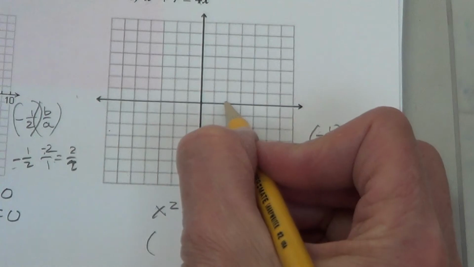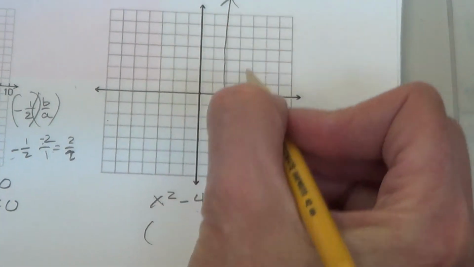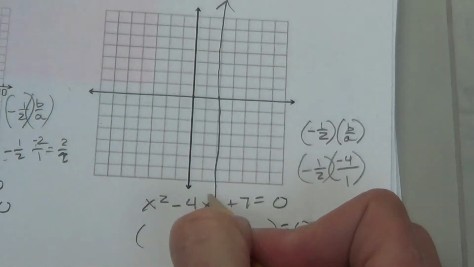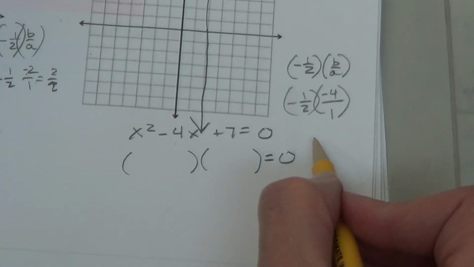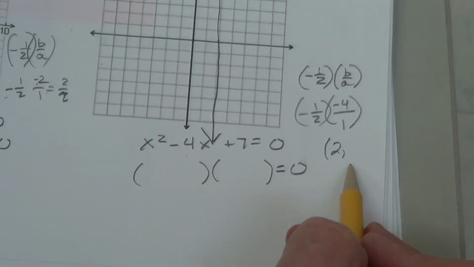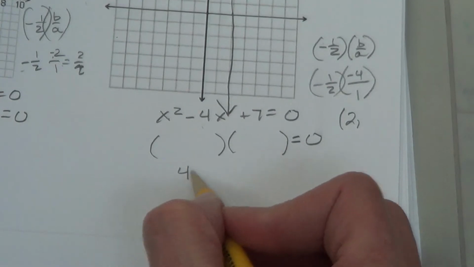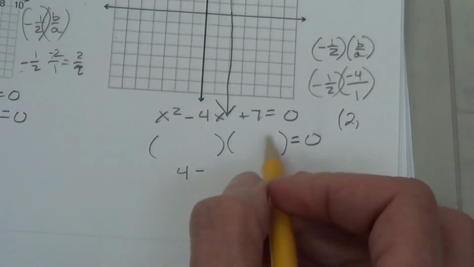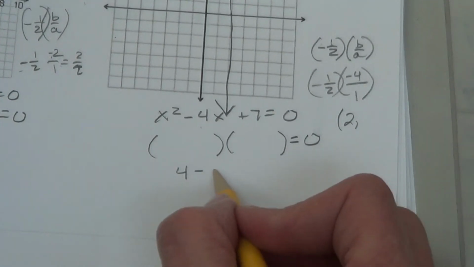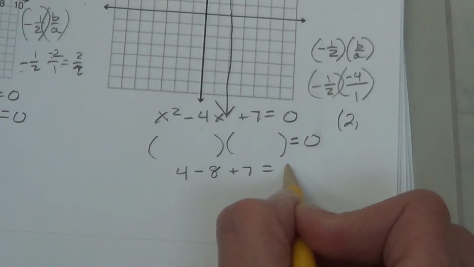So we come over here to positive 2. That's our axis of symmetry. Now we need to plug in that x value, that positive 2, to find what our y is. So if we plug in 2 squared, that would be 4, minus 4 times 2 is 8, plus 7 equals 0.